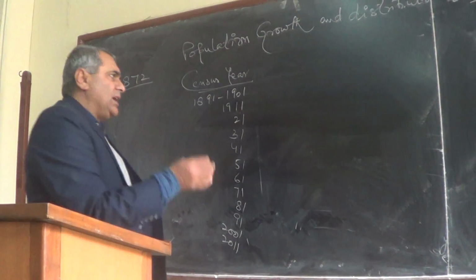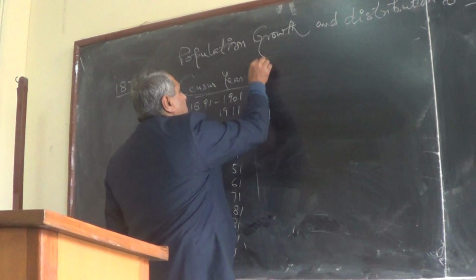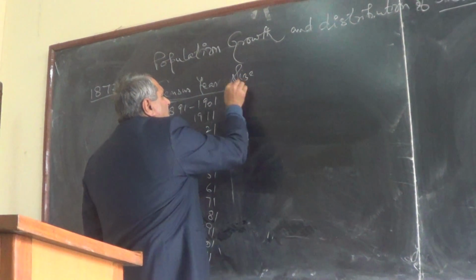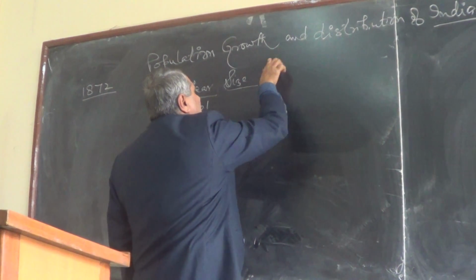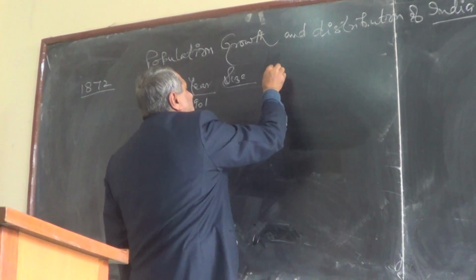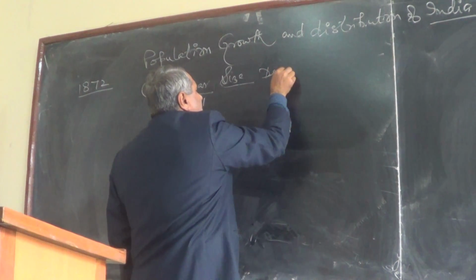This is the absolute size of the population I gave you earlier, and now it is the growth rate, and with the different time periods, what was the density of population.